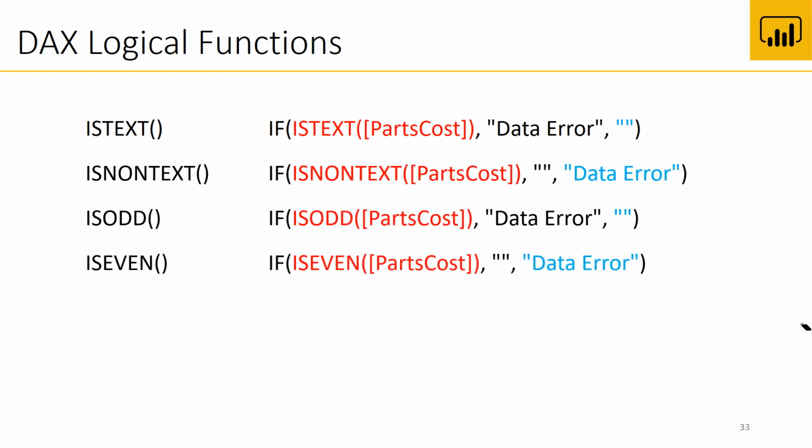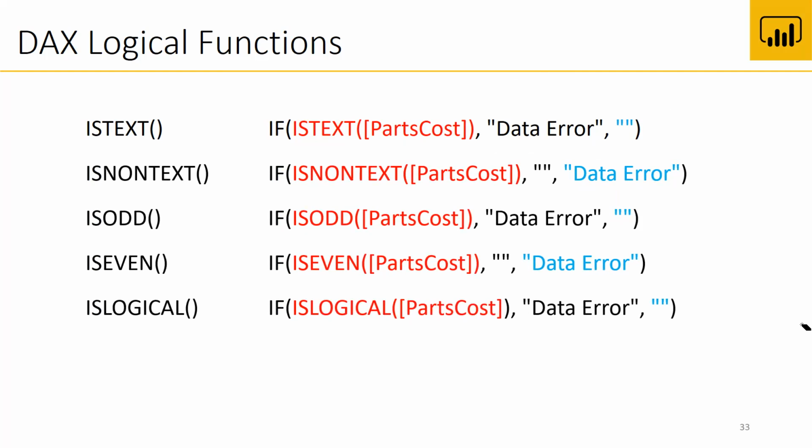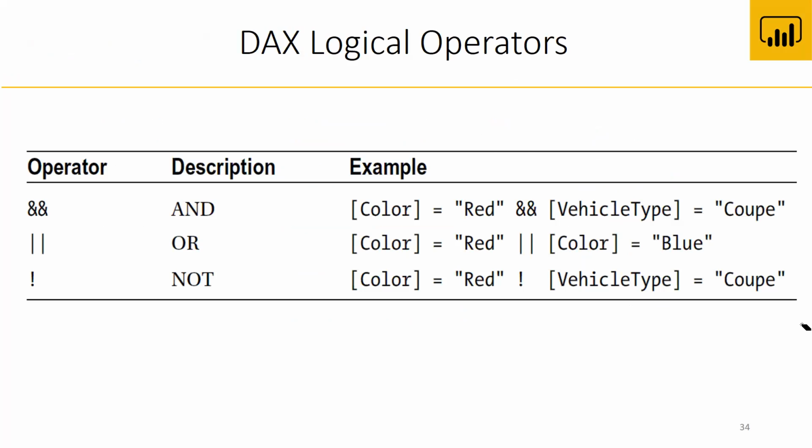So we have the odd even check, we have the logical check, and these are the logical operators: double ampersand, AND, and the description is AND and double ampersand. So we can write the condition instead of using the AND function, as I defined earlier, AND condition 1, comma condition 2.